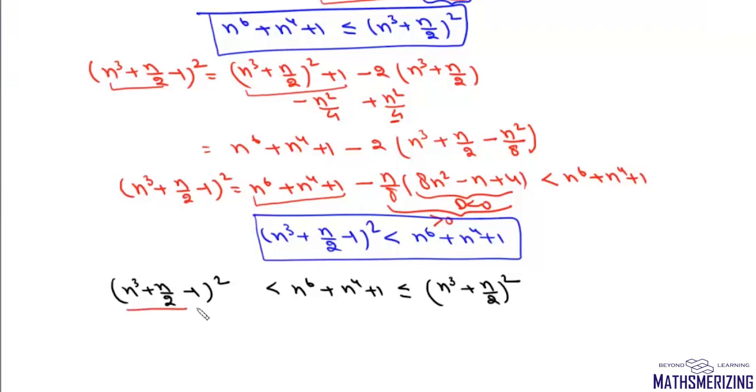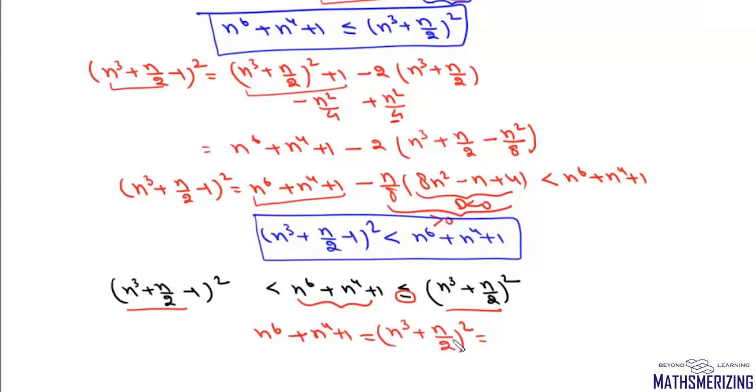In between these two perfect squares there is no other perfect square, and we have this equality sign here. So this expression, n to the power 6 plus n to the power 4 plus 1, will be a perfect square only when it is equal to n cube plus n by 2 whole square.